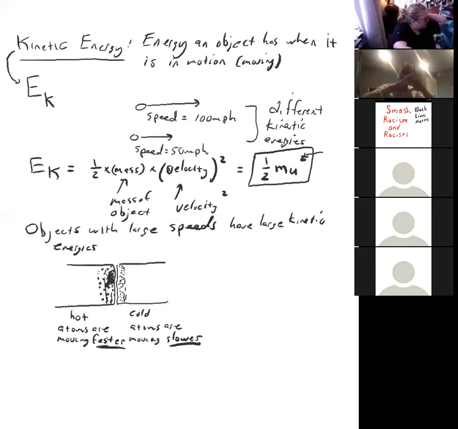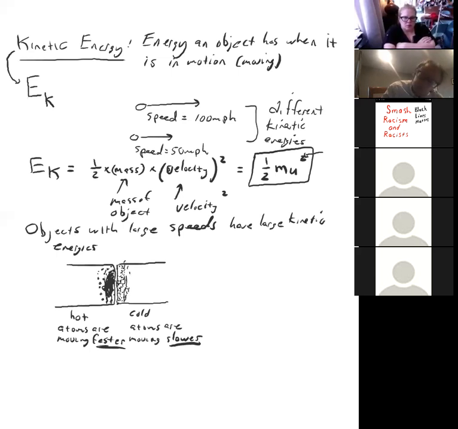Think of a collision with a wall. If something collides with a wall, the thing that's moving very fast over time will slow down after it collides. The wall, however, will now start to move. So here's what happens. When you take the hot piece of metal and put it in contact with the cold metal, these particles here are moving very quickly. So they will start colliding with the atoms on the cold object. And these cold atoms will start moving faster.